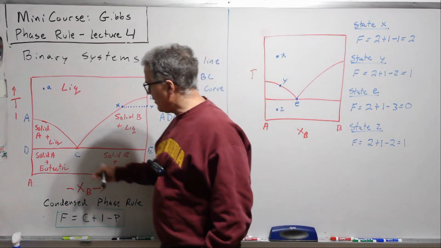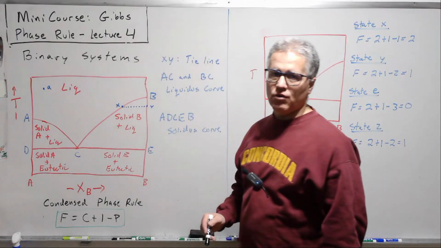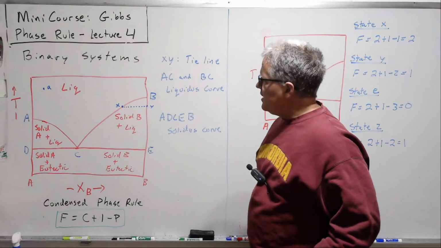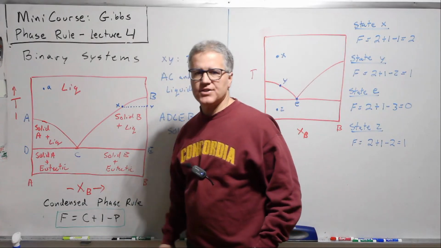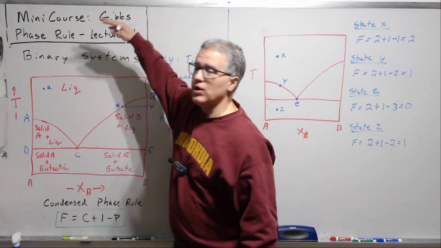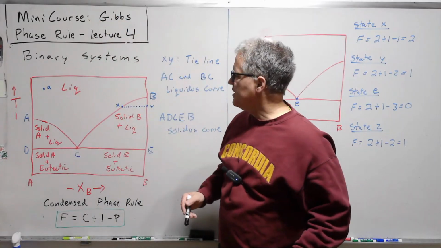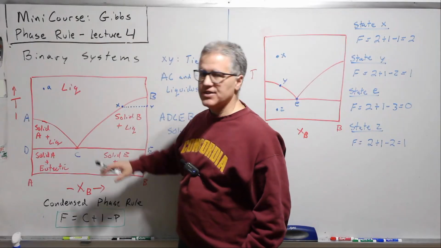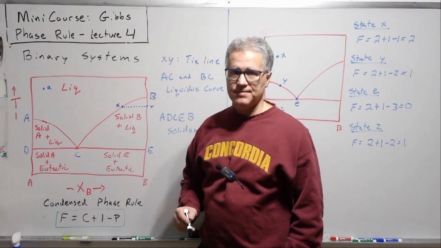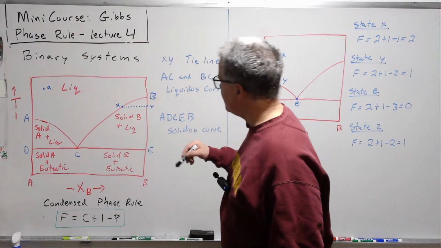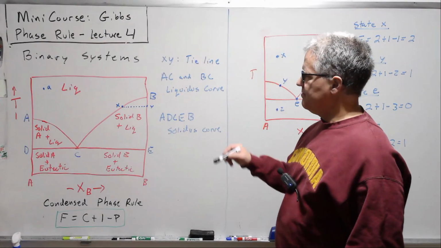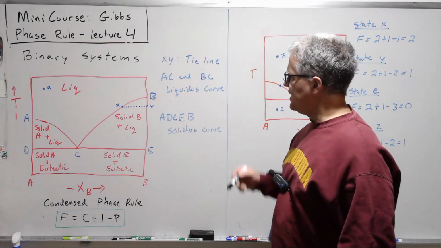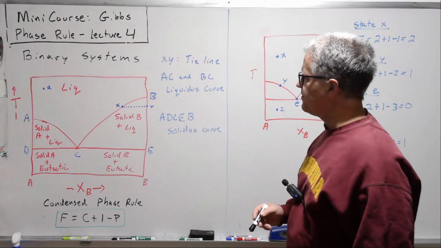Now we're talking about temperature and mole fraction. We're going to stay in the condensed phase, so we're not going to worry about boiling some of this stuff off. We're going to look at this liquid transitioning into a solid. And that brings up some interesting ideas in general and in the context of the Gibbs phase rule.